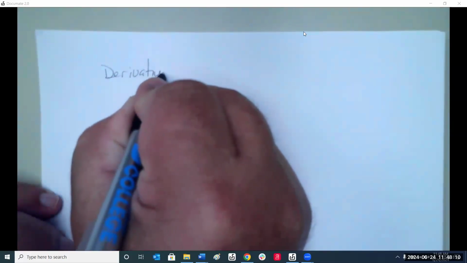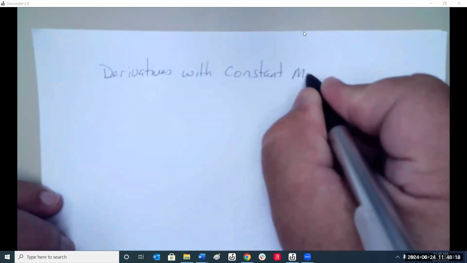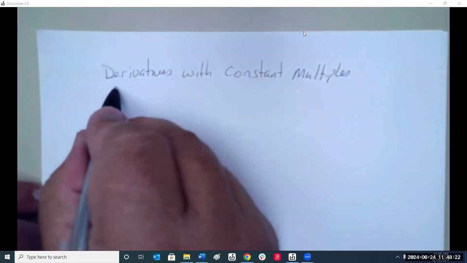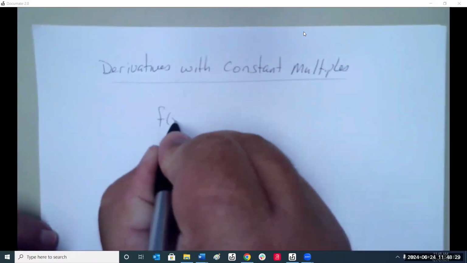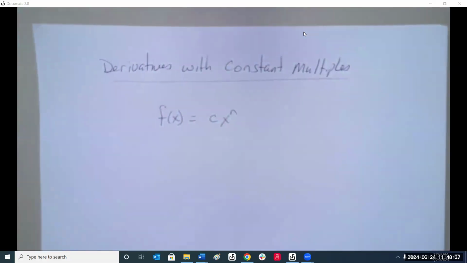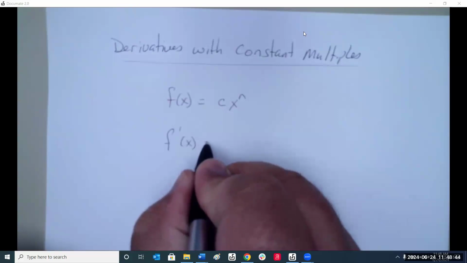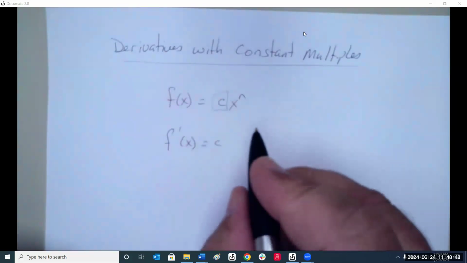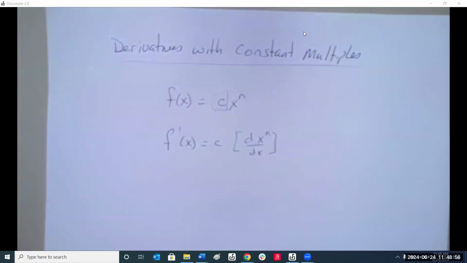All right, let's look at constant multiples. So if our function had some constant times x to some power, the derivative, take the constant out and take the derivative of x to the power n.